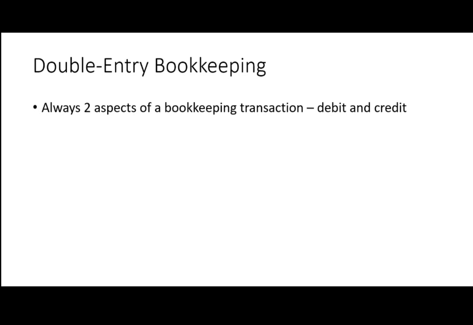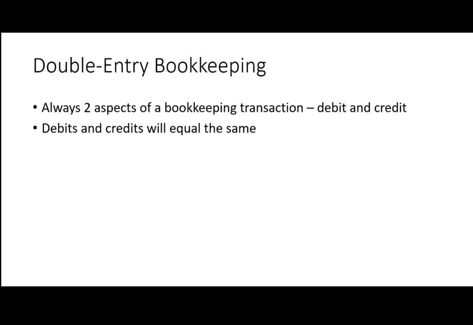So if I was to buy something with the company bank account, the transaction would be credit the company bank account and debit the expense account. And there's more to it than that, but I have videos that go through double entry bookkeeping, which I'll go through with you. I'll show you how to access those videos at the end of this presentation.